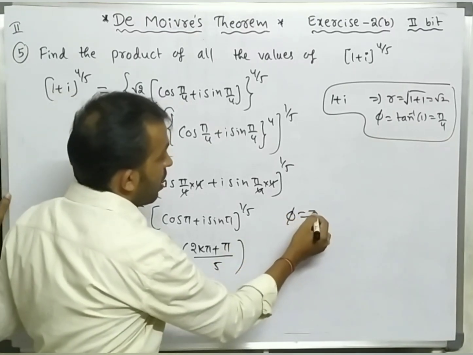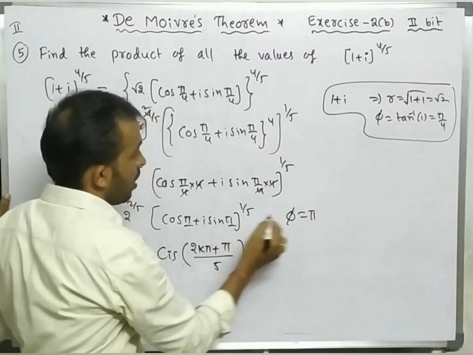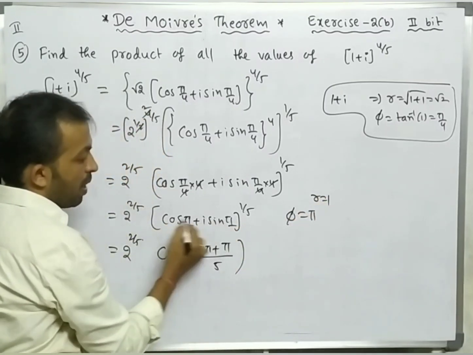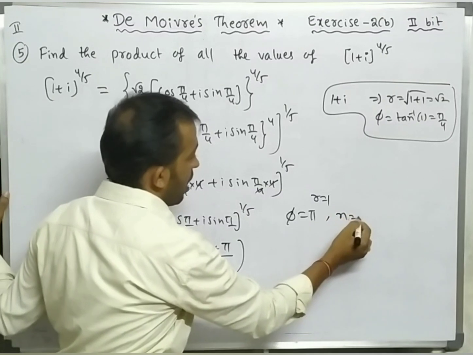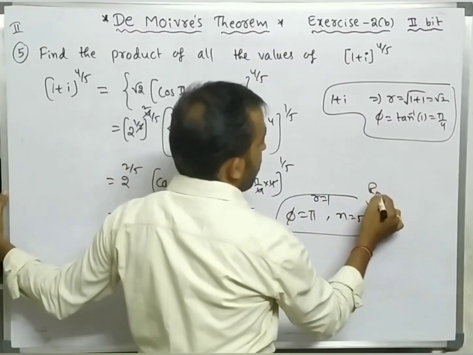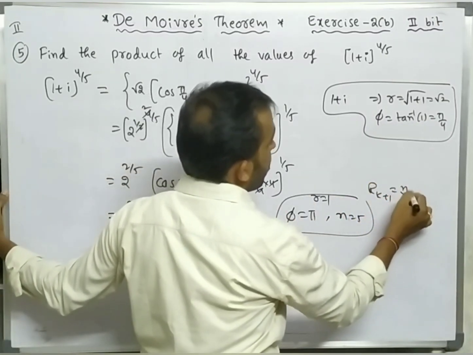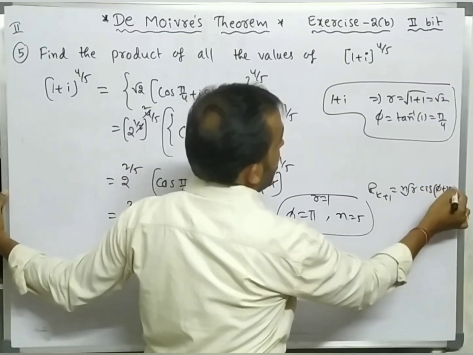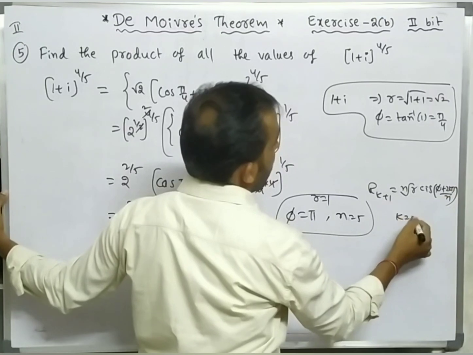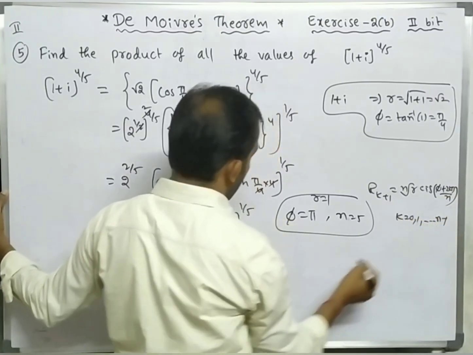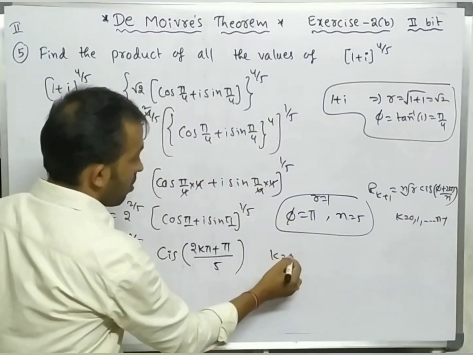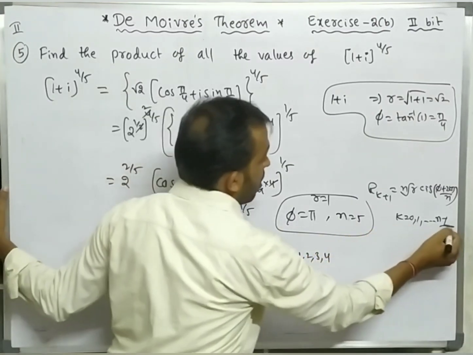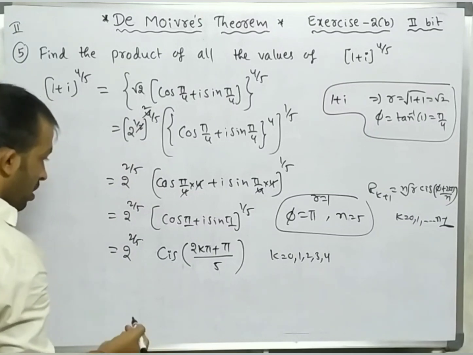Here the theta value is pi, and the r value is 1 as it is minus 1. Next the n value is 5. We have the formula: the (k plus 1)th root is the nth root of r cis of (pi plus 2k pi) by n, k equal to 0, 1, and so on up to n minus 1. So here k is equal to 0, 1, 2, 3, 4, that is 5 minus 1, which is 4.